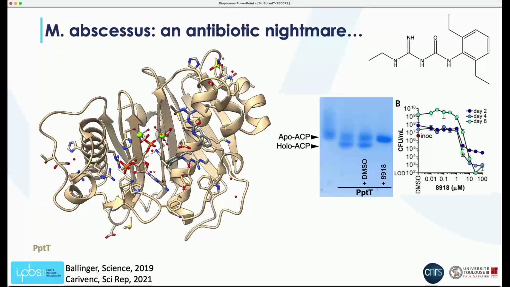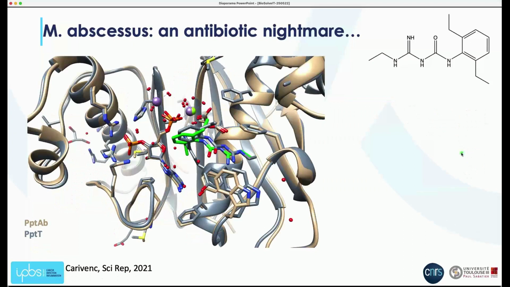We checked that in the case of Mycobacterium abscessus, with the PPT-AB enzyme. This is an overlap of the structure of the PPTT enzyme in gray in the presence of the 8918 compound, overlaid on the structure of PPT-AB, the enzyme of abscessus, in the presence of the same compound in green.